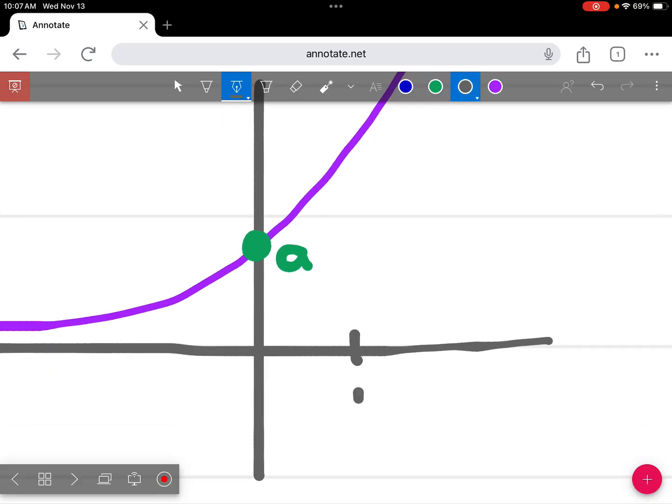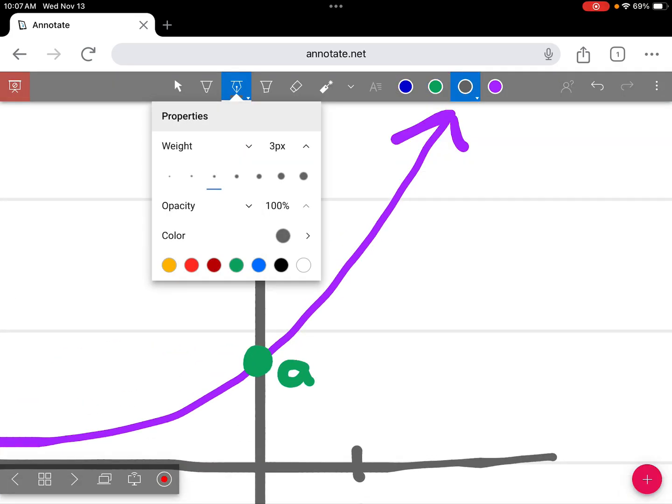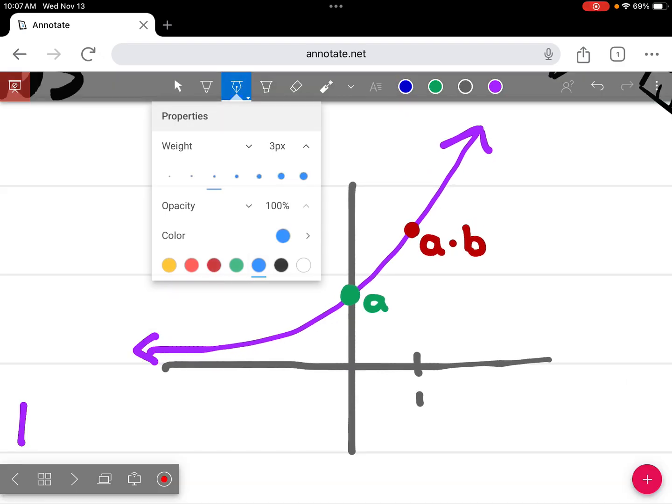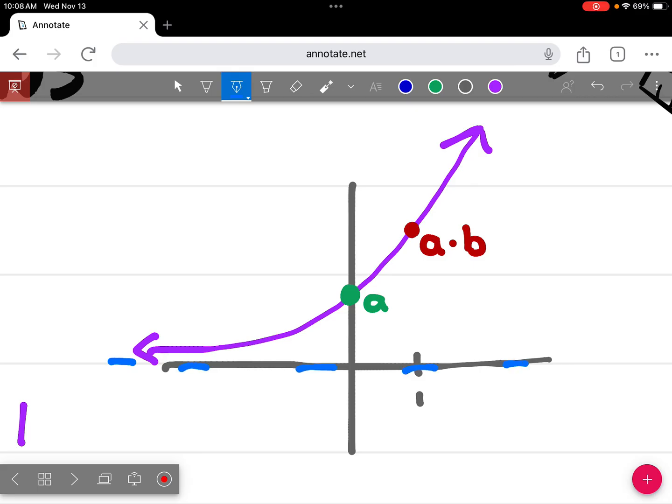If I scooch over to where x equals 1, we're going to get the next point being A times B. We are always going to have a horizontal asymptote on these, and it's going to be at K. Always, every single time. So if there's anything added to the end of our equation that just gives us a vertical or a horizontal shift, that just shows where that asymptote is.